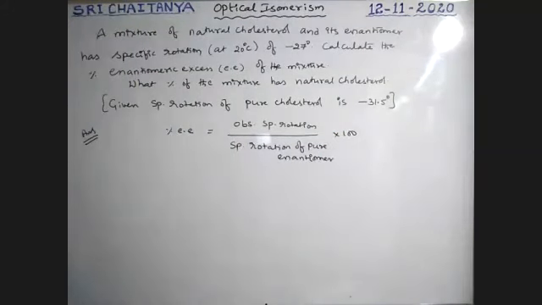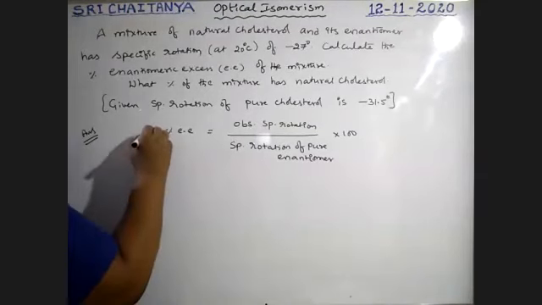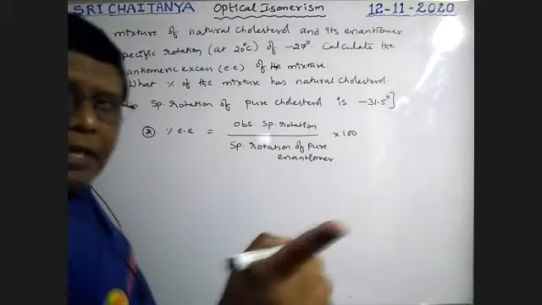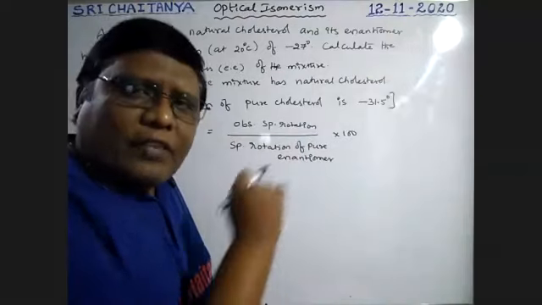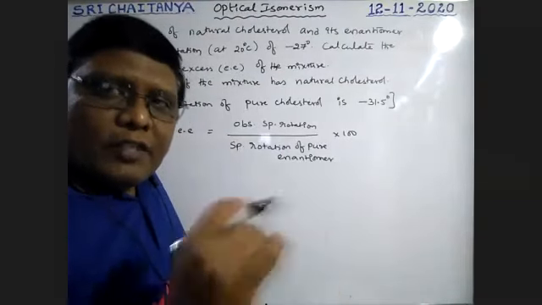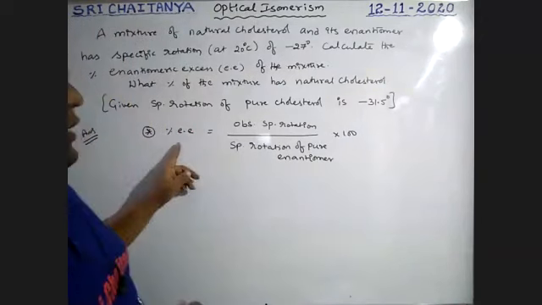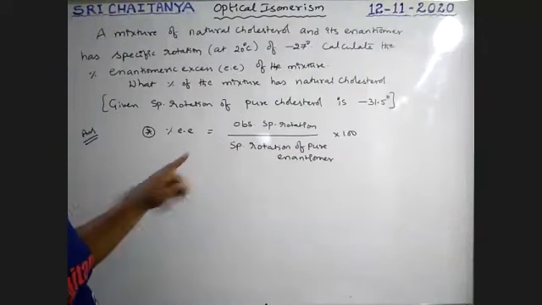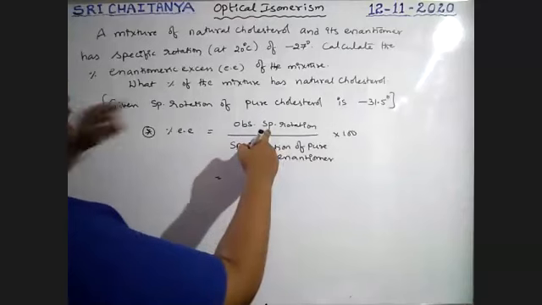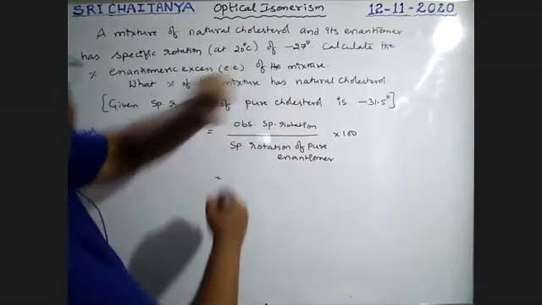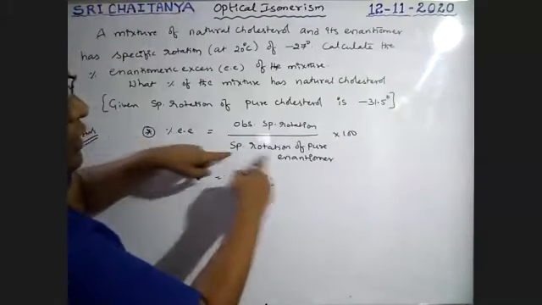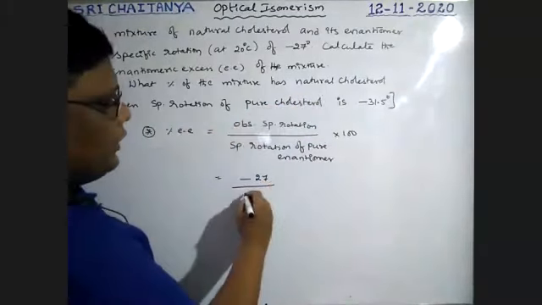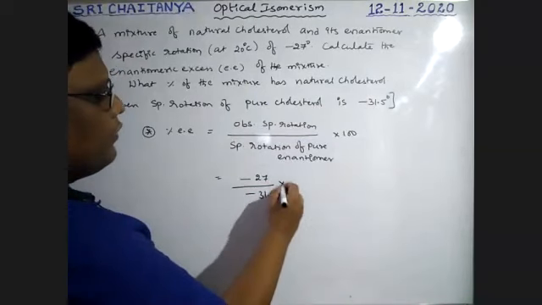If weights or number of moles are given, we use the formula we wrote previously. If specific rotations are given, this is the formula used. So percentage of excess enantiomer equals minus 27 divided by the specific rotation of pure cholesterol, minus 31.5, into 100.